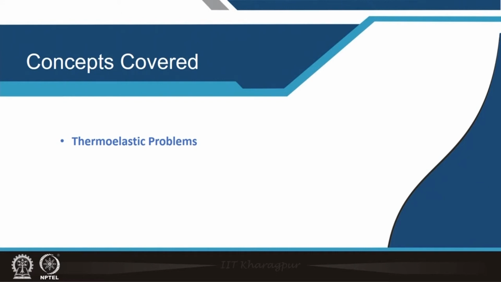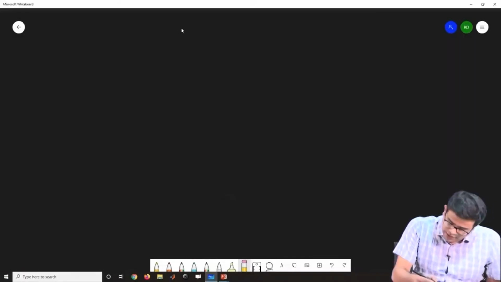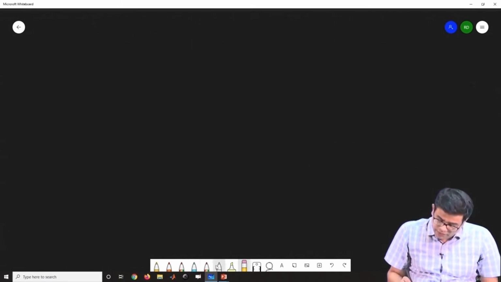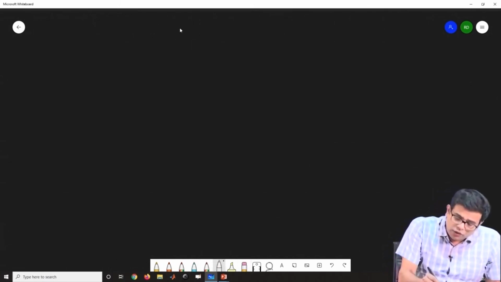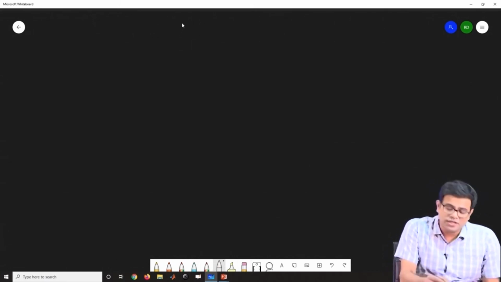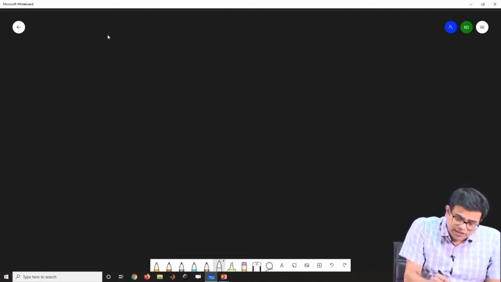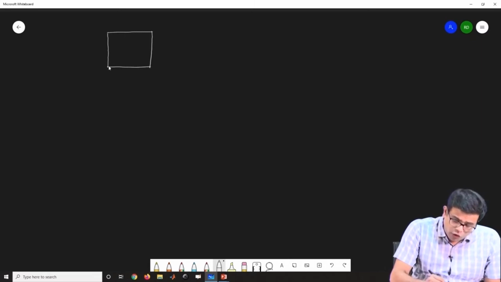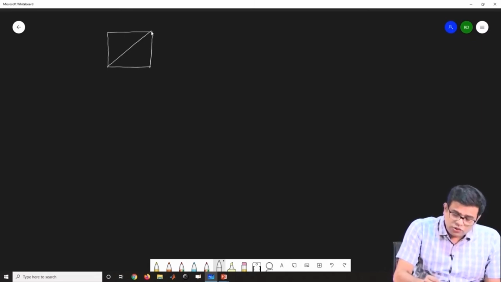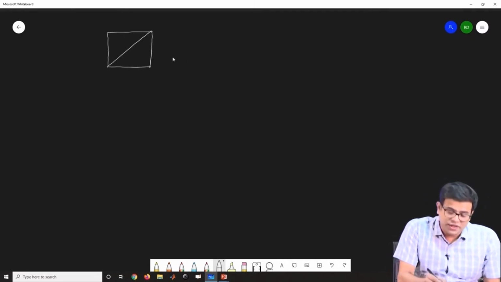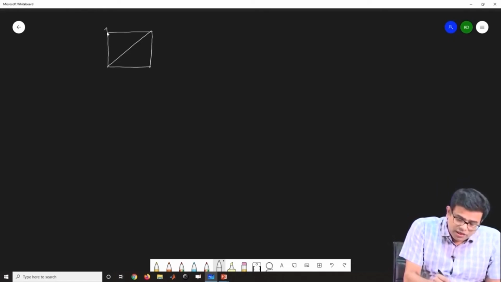in a coupled manner. So, in case of a linear uncoupled thermoelastic problem, what will be the finite element formulation? For instance, if we consider the previous example, in the previous lecture we have done one small example by hand. Here, with the constant strain triangle, the same example I consider now.